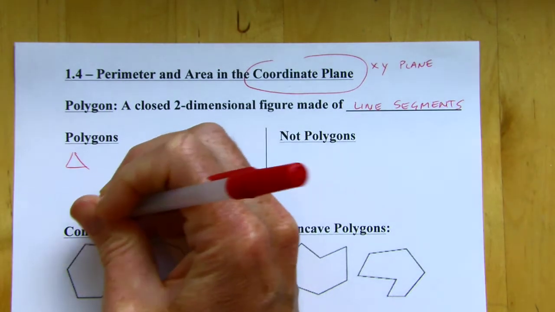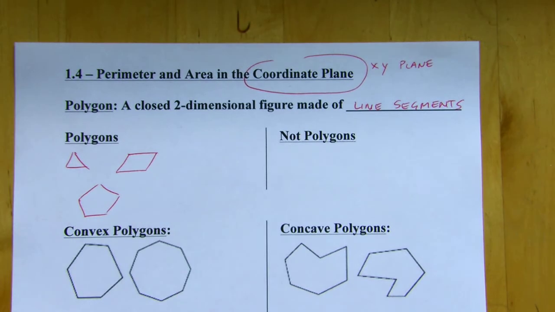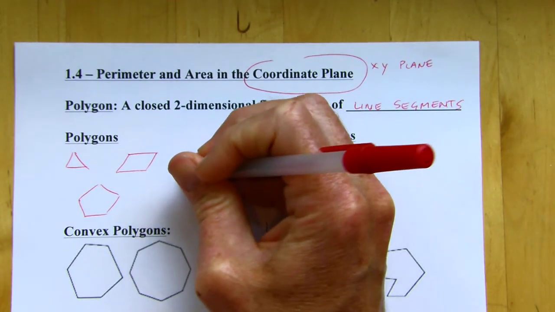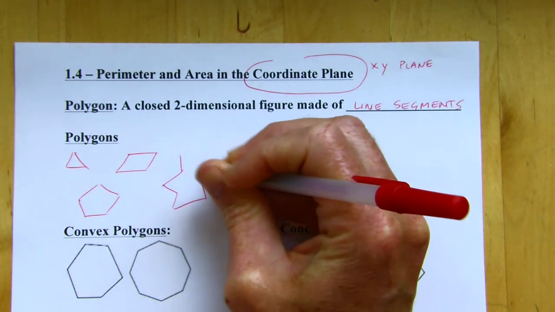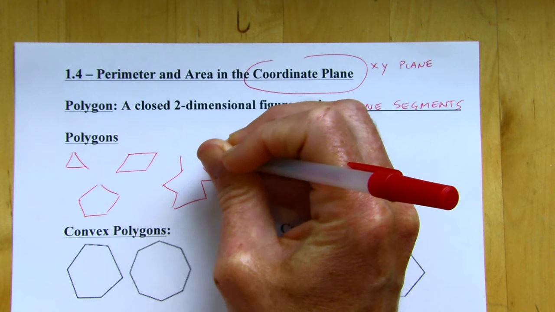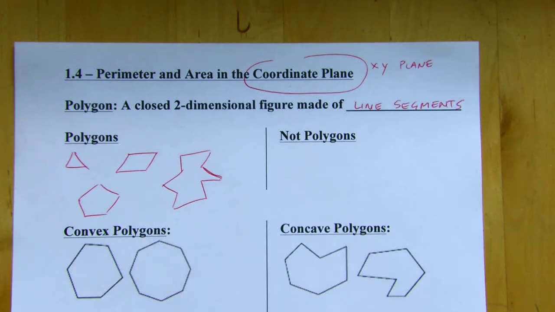That qualifies. All of these kind of shapes are polygons. They don't have to be nice kind of building block polygons. So there's just a random shape I drew, but it's all straight line segments that connect to form that figure.